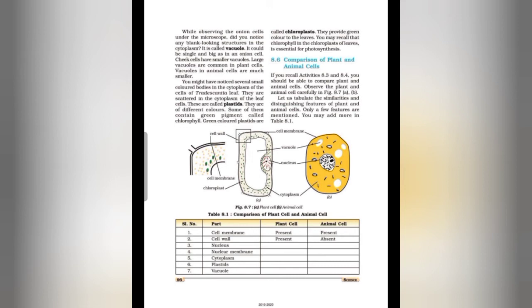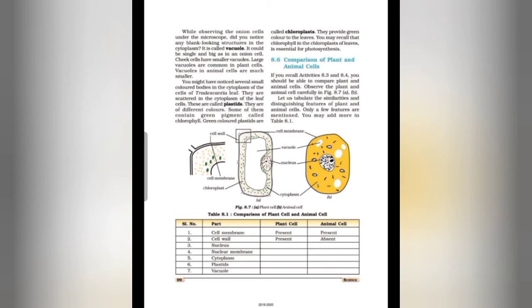And in the plant cell, plastids are present, and some plastids have green color. So green colored plastids are called chloroplasts, that have green pigment called chlorophyll, which helps in the process of photosynthesis. And students, now comparison of plant cell and animal cell.